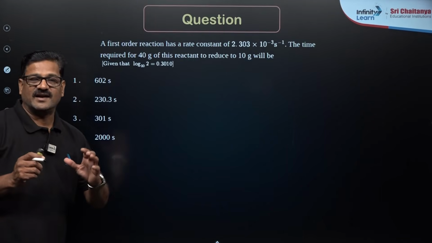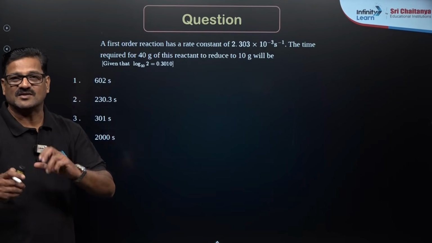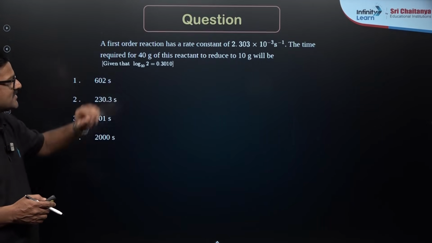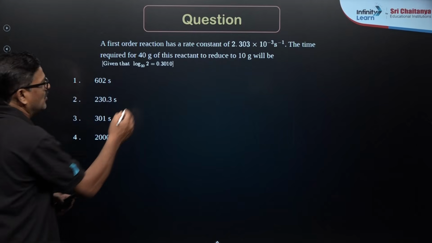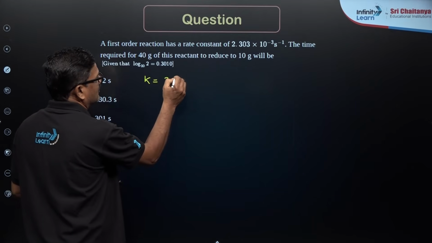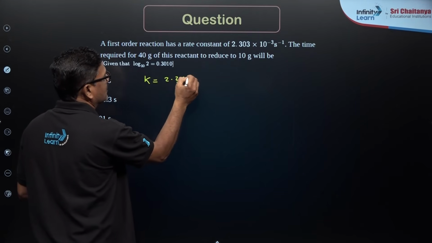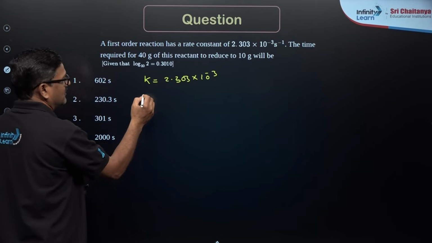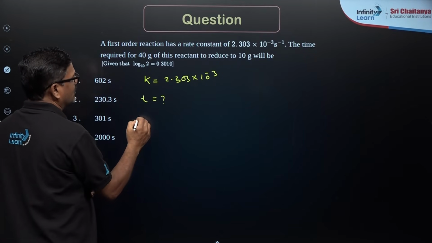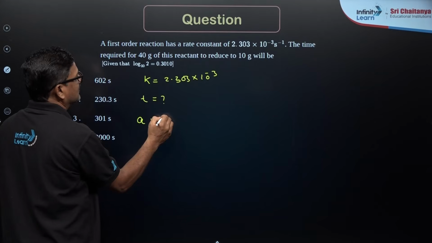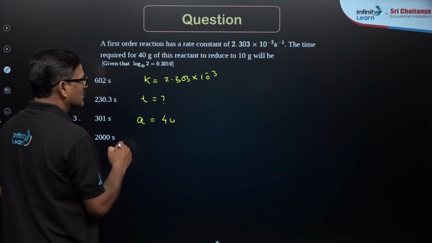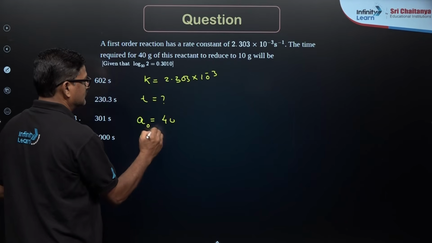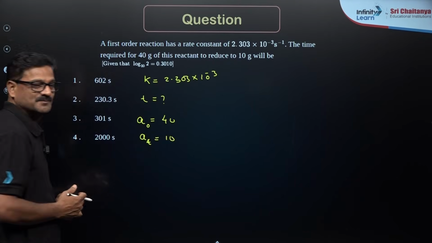So it is a direct question asking about the first order rate reaction, and the first order reaction has the rate constant 2.303 into 10 raised to negative 3. The time required for 40 grams of the reactant to reduce to 10 grams.